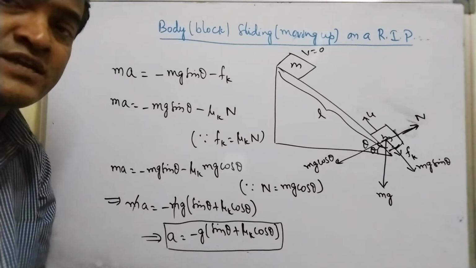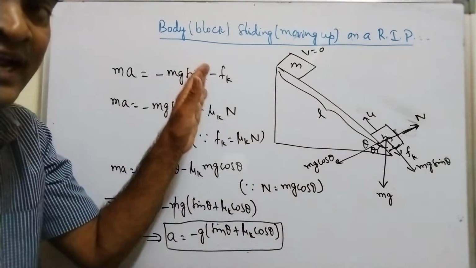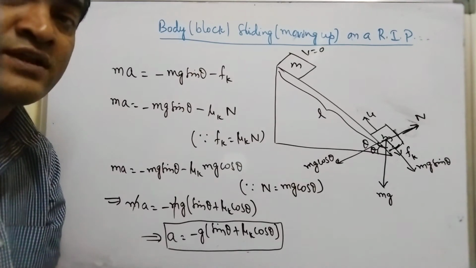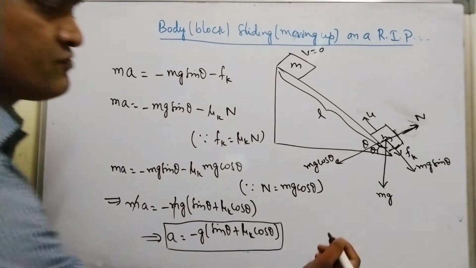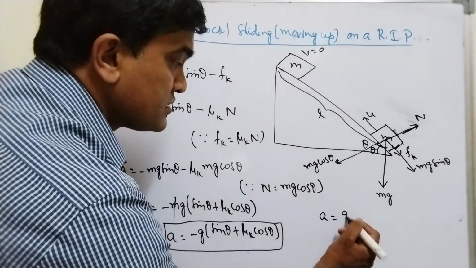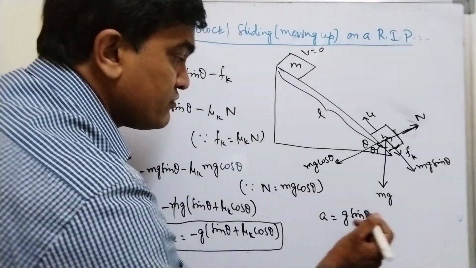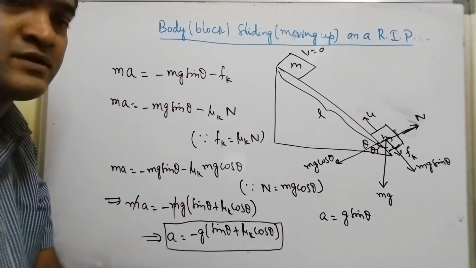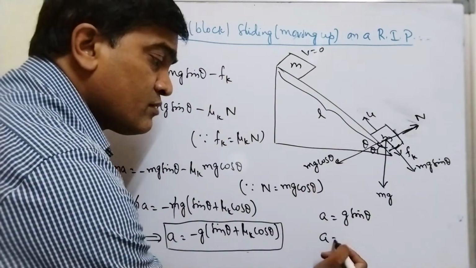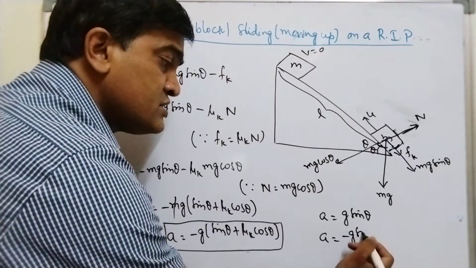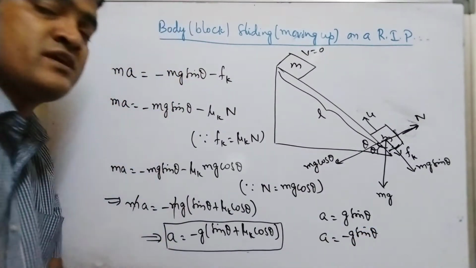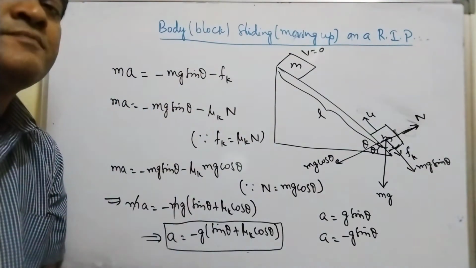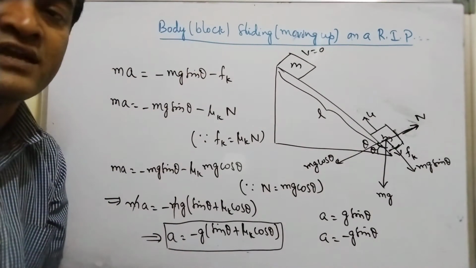In case of a smooth inclined plane, when the block is sliding down, the formula for acceleration is g sin theta, whereas when the block is sliding up the smooth inclined plane, it is minus g sin theta.